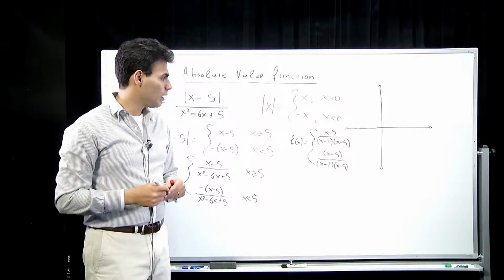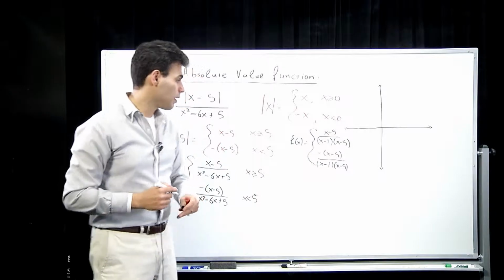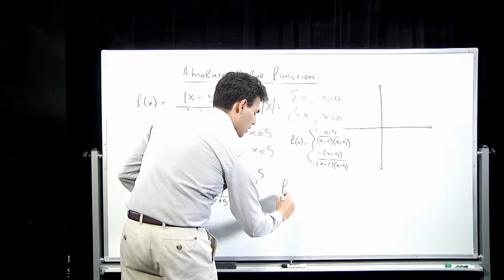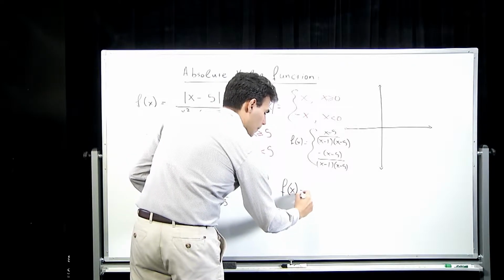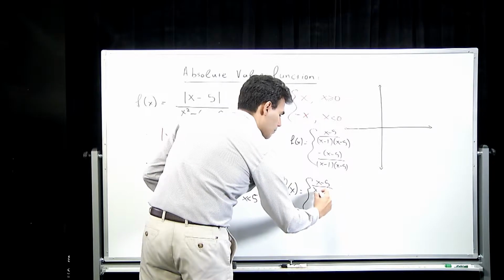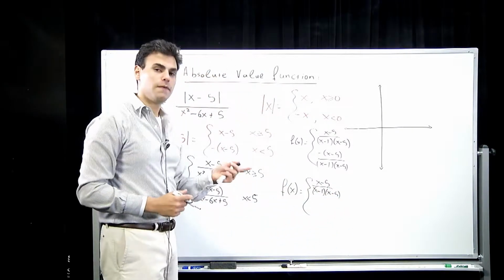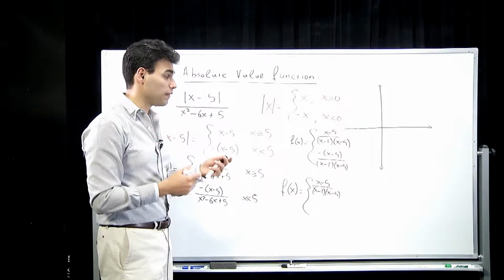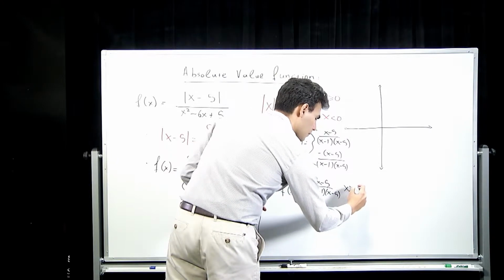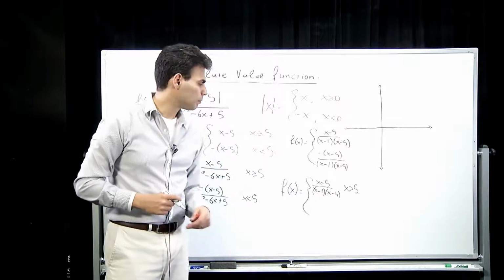But now notice that my function is not defined at 1 and at 5. Therefore, if I really wanted to write this up as a function with its domain, I should write it like this: x minus 5 over (x minus 1)(x minus 5) if x is bigger than 5 but not equal to 5. We're removing the value 5 because that makes the denominator 0.